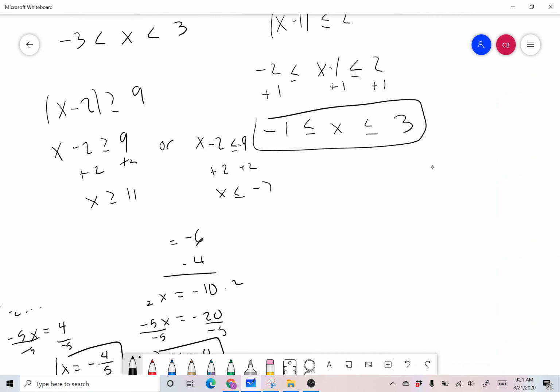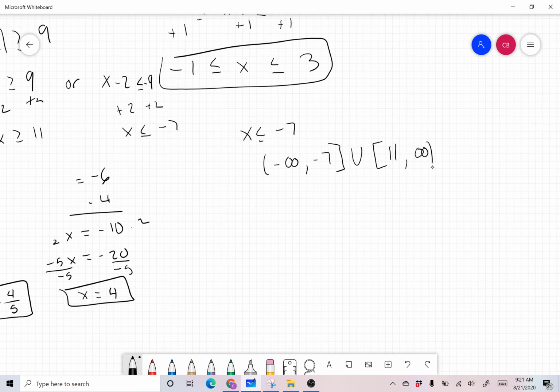So what does that look like? If I use interval notation, x is less than or equal to negative 7 means x is from negative infinity to negative 7, including negative 7. Then it skips a bunch, and then it goes to 11 and up until infinity.